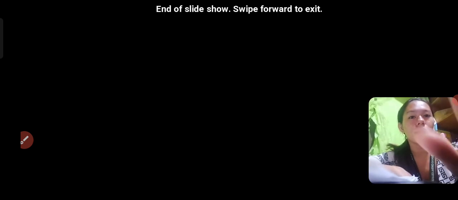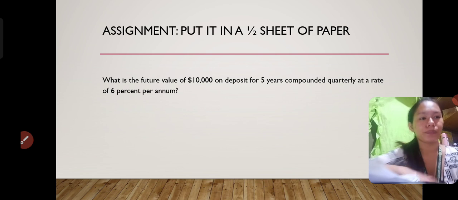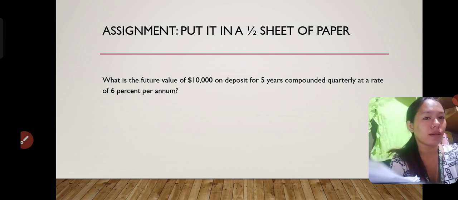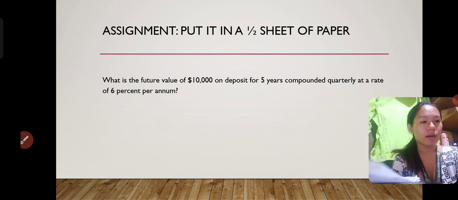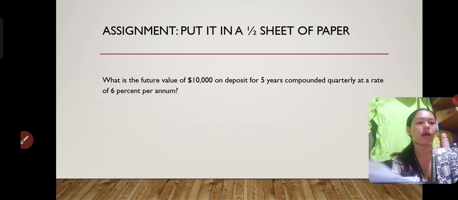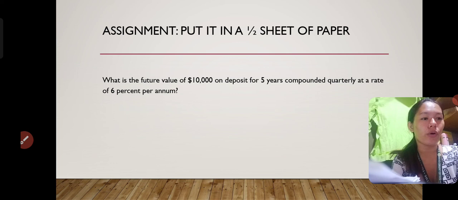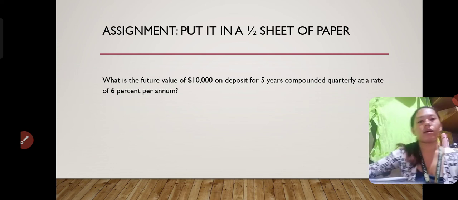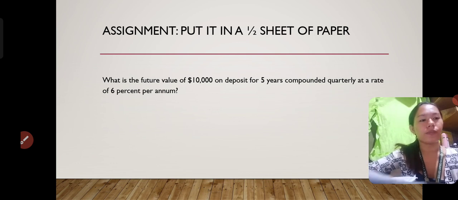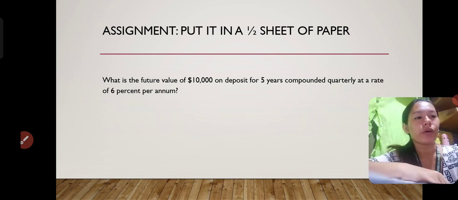Kuha na lang, reflection na lang. Reflection of our topic for today. Then, submit tomorrow. So, that's all for today. Thank you for listening.